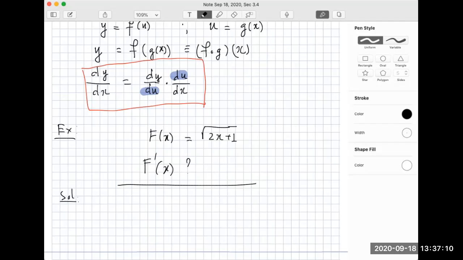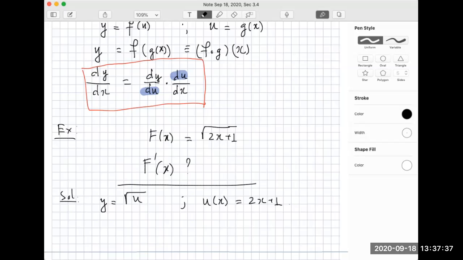So in Leibniz notation, y will be square root of u, where u of x is 2x plus 1, right? Is that okay? Are you comfortable if I write it?